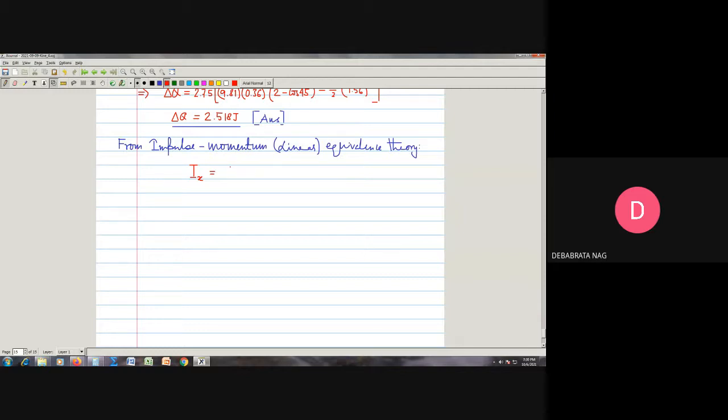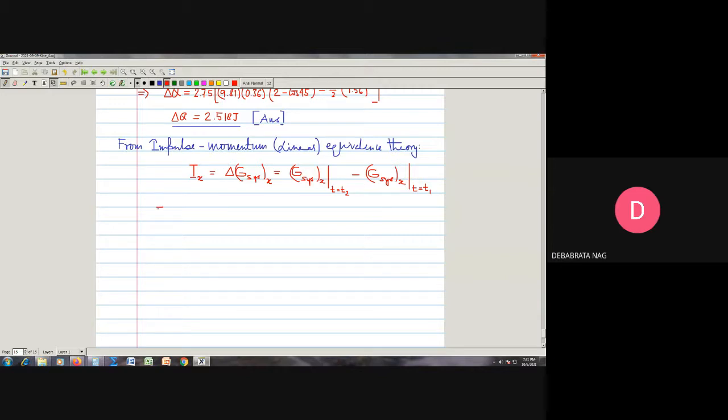So we can say it is delta of G sys along the x direction, which is basically equal to G sys along x at the configuration at time t equal to t2, minus G sys along x at the configuration t equal to t1. So this is the net change in the linear momentum of the system.